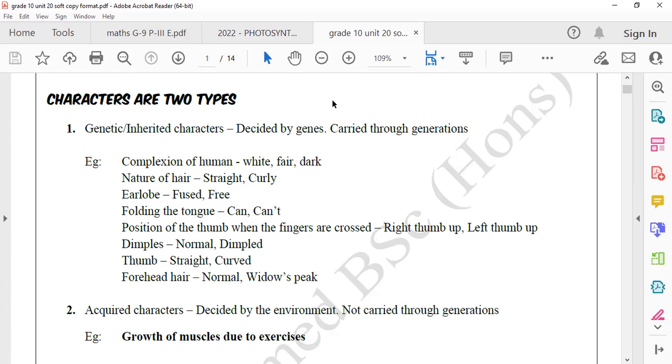Like this, genetic characters are continuously moving from one generation to another. It is only the genes that decide our genetic characters. You can't decide it, though you can try to alter it.